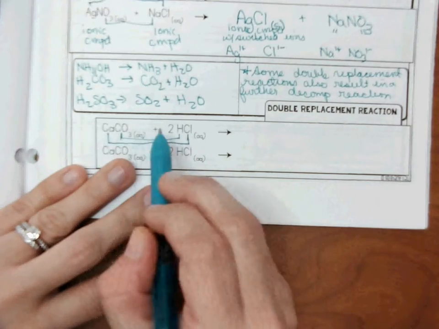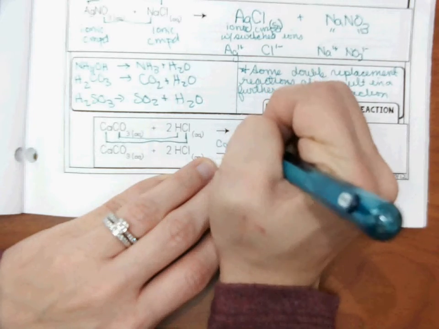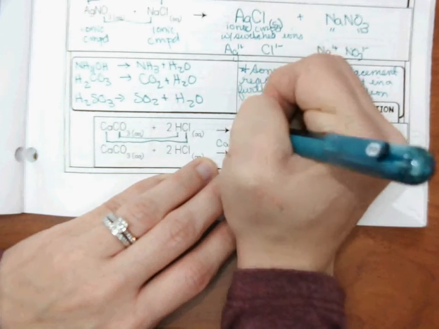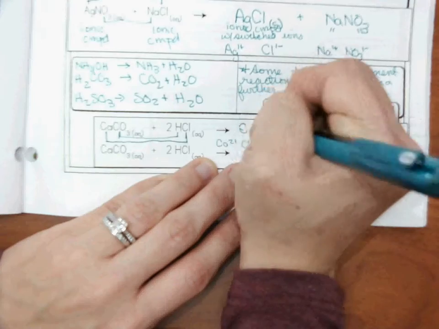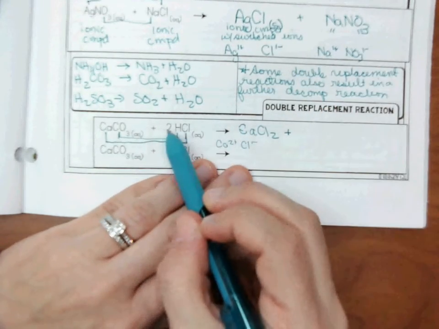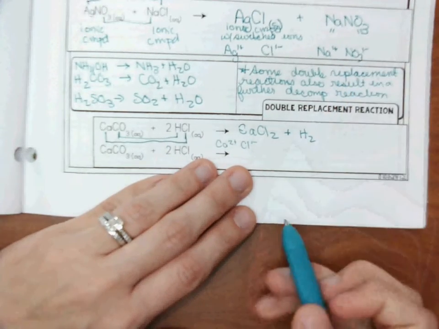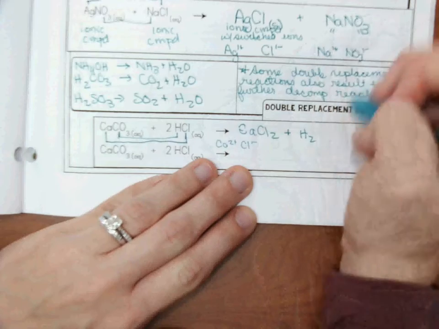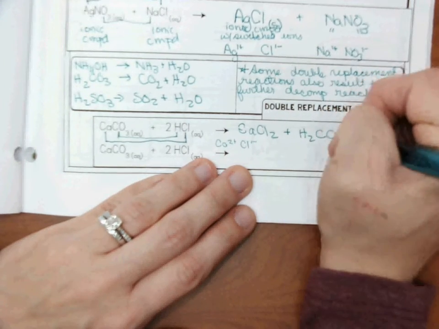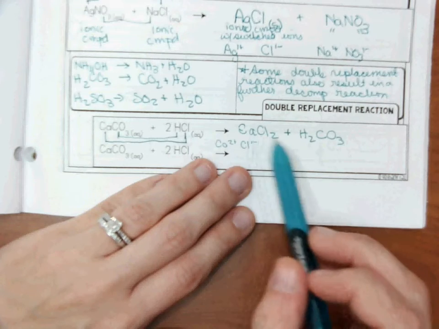All right, so Ca, calcium has a 2+ charge, chlorine has a 1-, so I'm going to get CaCl2, and now I'm going to add it up. 2 H's, H2, and then 1 carbon and 3 oxygens.